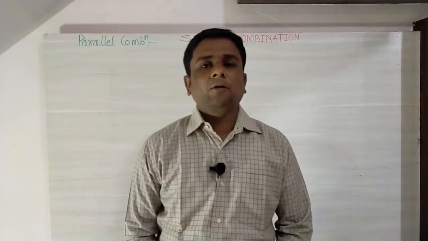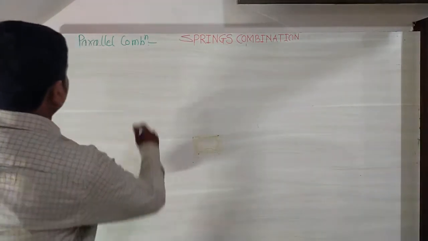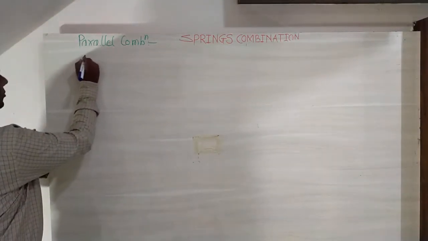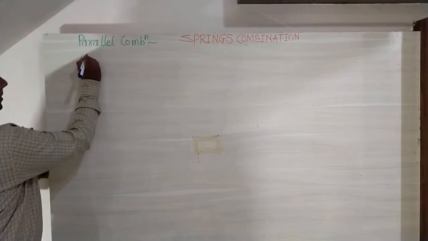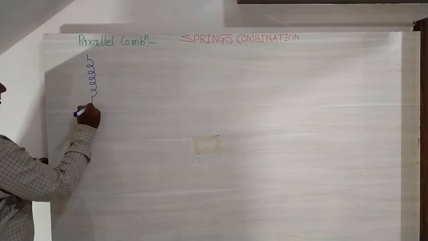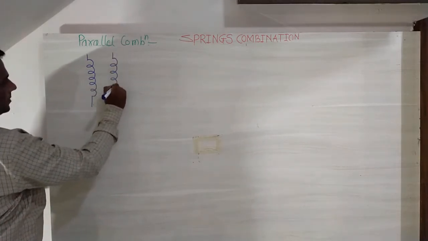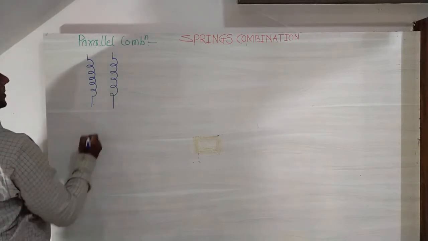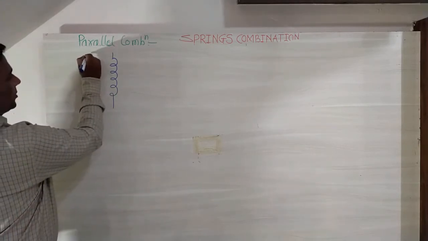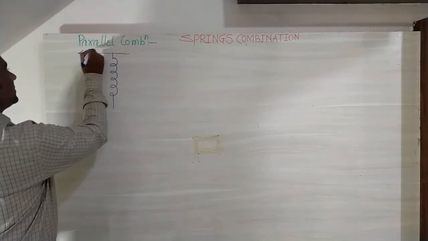Now we see parallel combinations. In a parallel combination, we take two or more springs like this. First spring, second spring, and both ends of the springs attach to a common point.